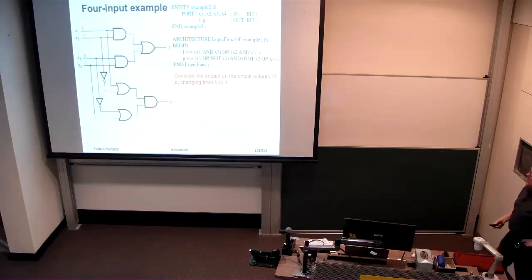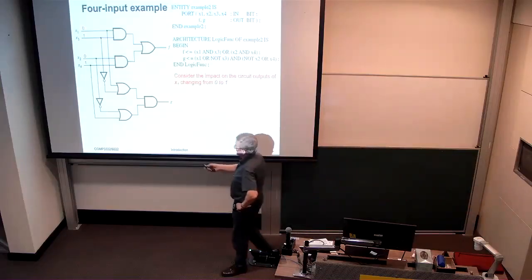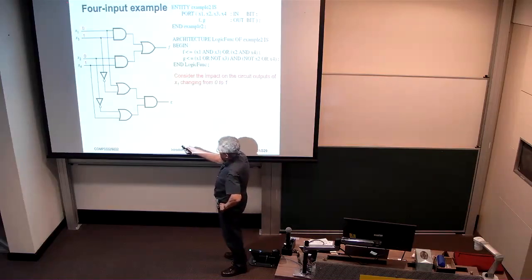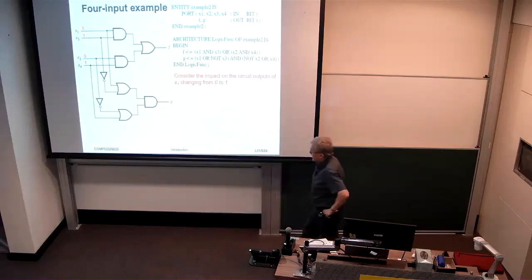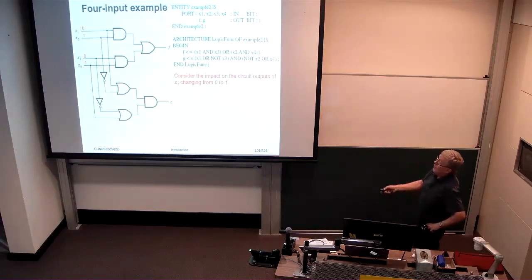Now I want you to observe, if you wanted to analyze this circuit, what happens if we start in this state where X1 is 0, X3 is 1, X2 is 0, X4 is 1. What happens if we change X1 from 0 to 1, right? Then clearly the output of this AND gate goes from 0 to 1.